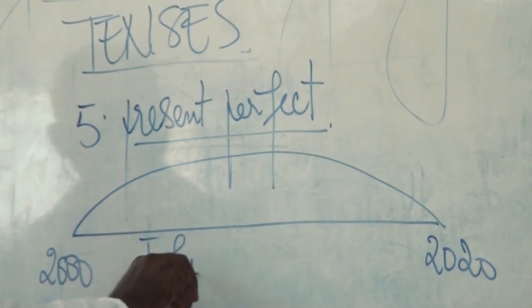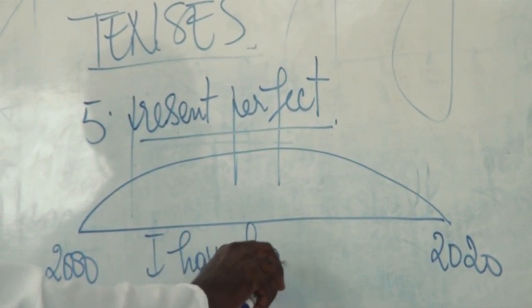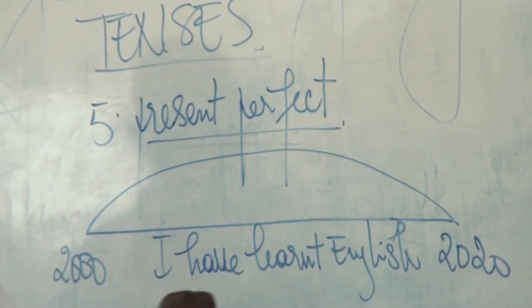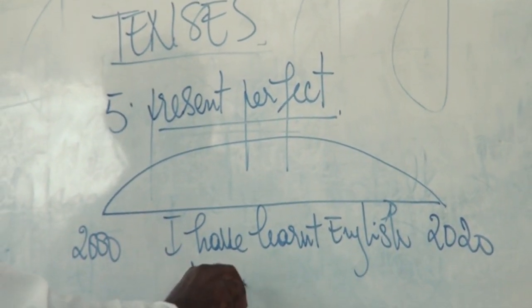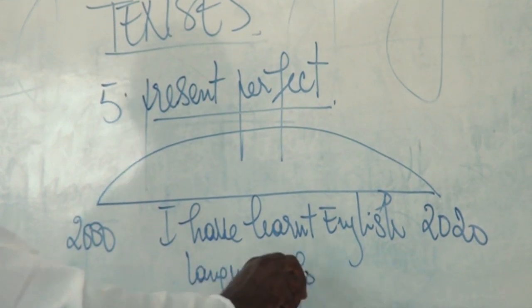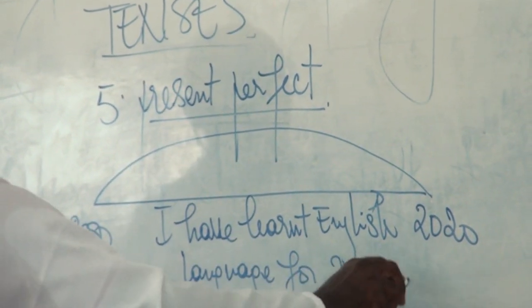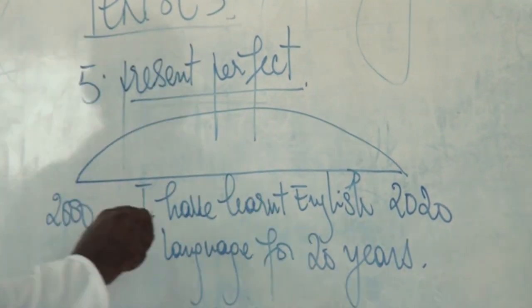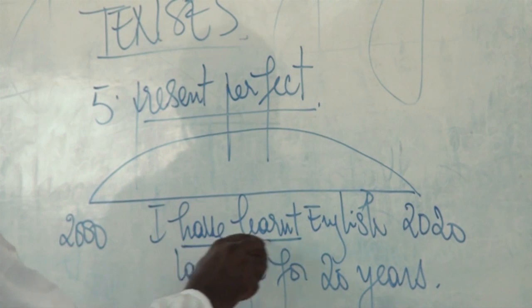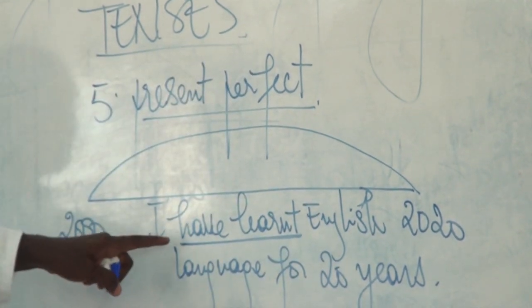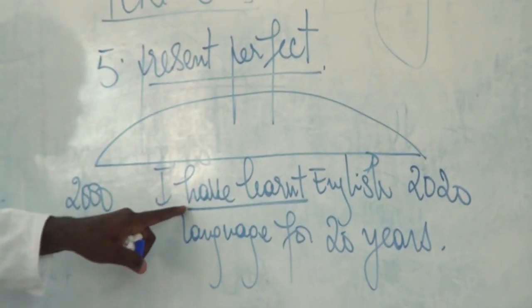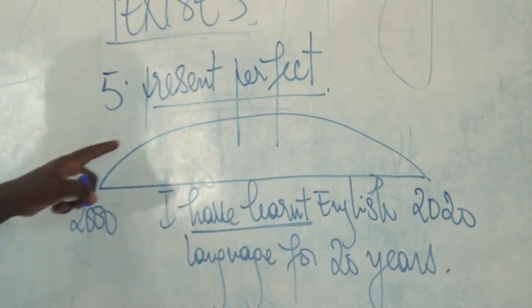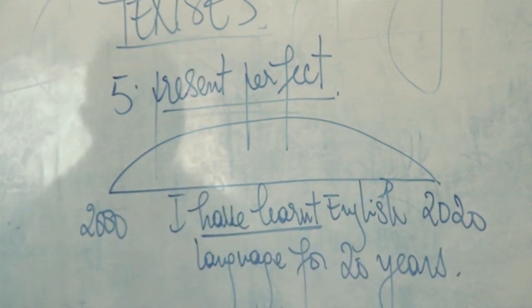So here you can see, I've learned English language for 20 years. The verb is have learned. This is what we call present perfect. We use the present perfect here because the action started in the past and continues in the present.